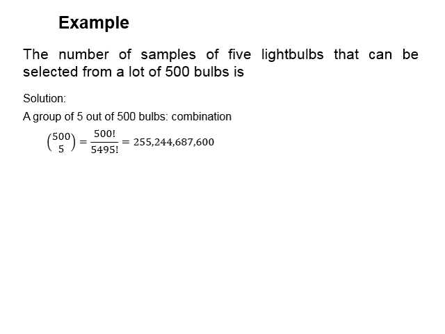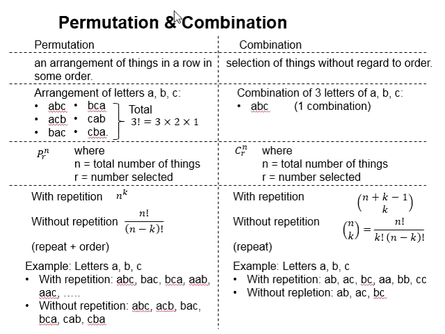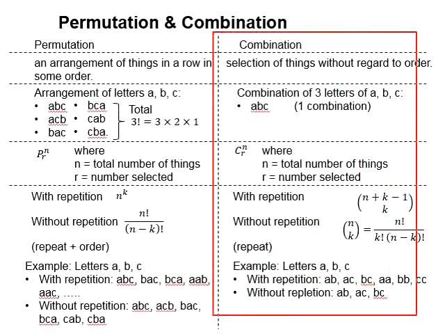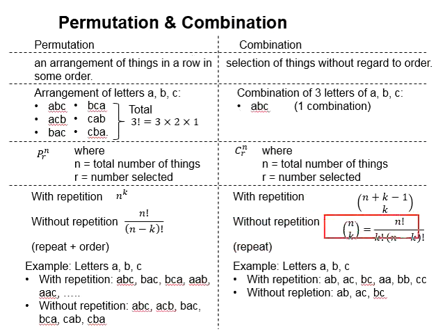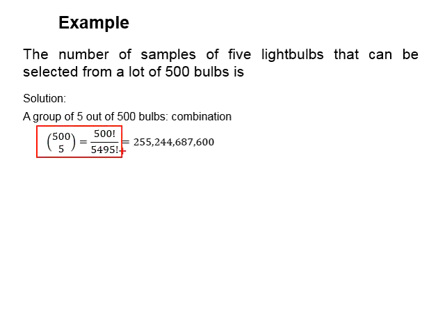With that, we know that it is not about repetitions of the combinations. We are looking at the case where repetition is not allowed. Therefore, we look at the combination without repetitions. The equation is given here. Substitute the relevant values, and the answer will be obtained.